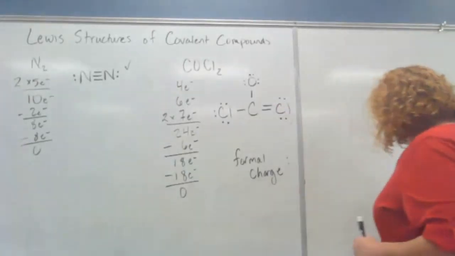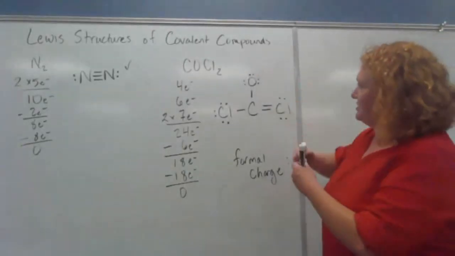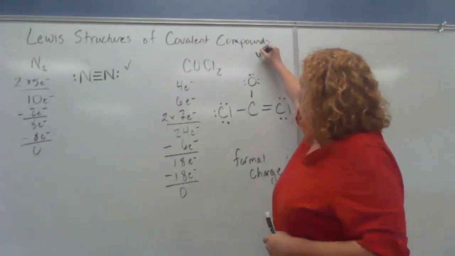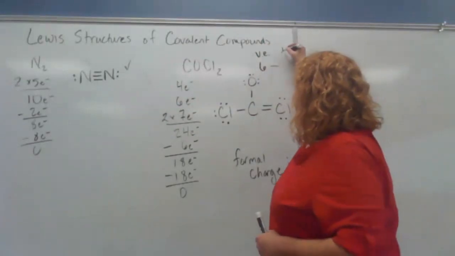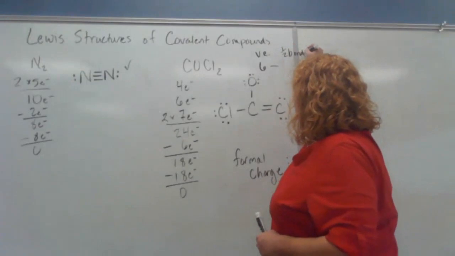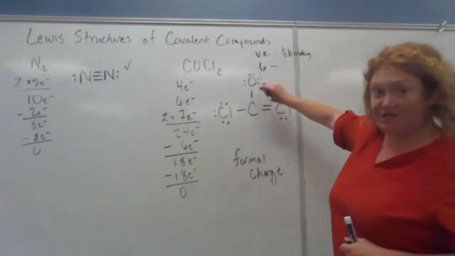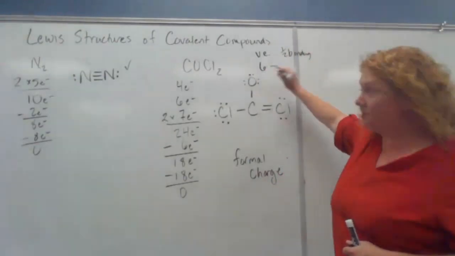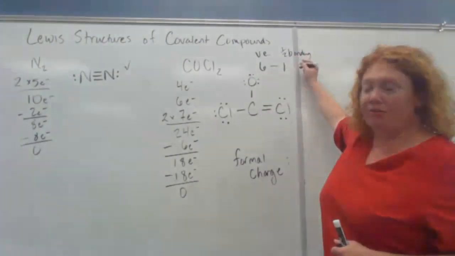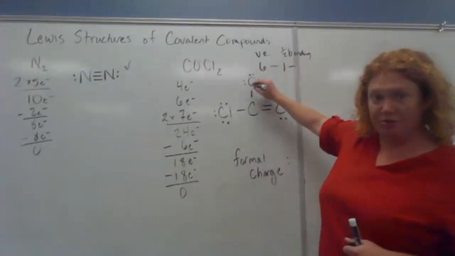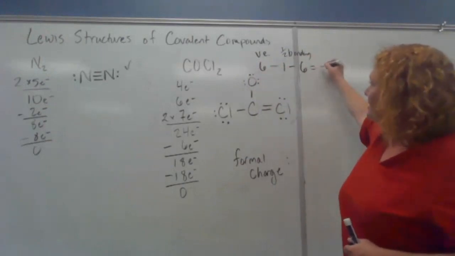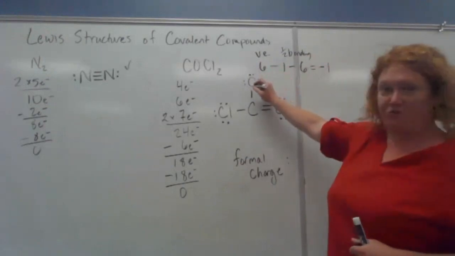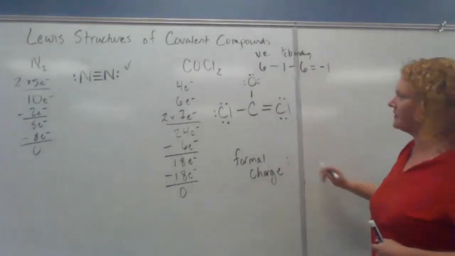Formal charge would be the valence electrons for oxygen, 6, minus half the bonding electrons. In this drawing, oxygen has 2 electrons bonded to it. Then the total number of lone pair electrons, 1, 2, 3, 4, 5, 6. That gives a formal charge of -1 to oxygen in this drawing.